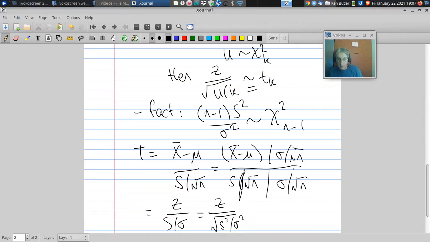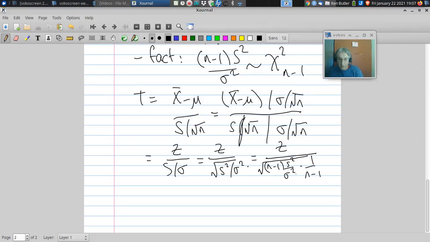If you stick an appropriate n minus 1 in the right places, it's the square root of (n minus 1) s squared over sigma squared, times 1 over n minus 1.